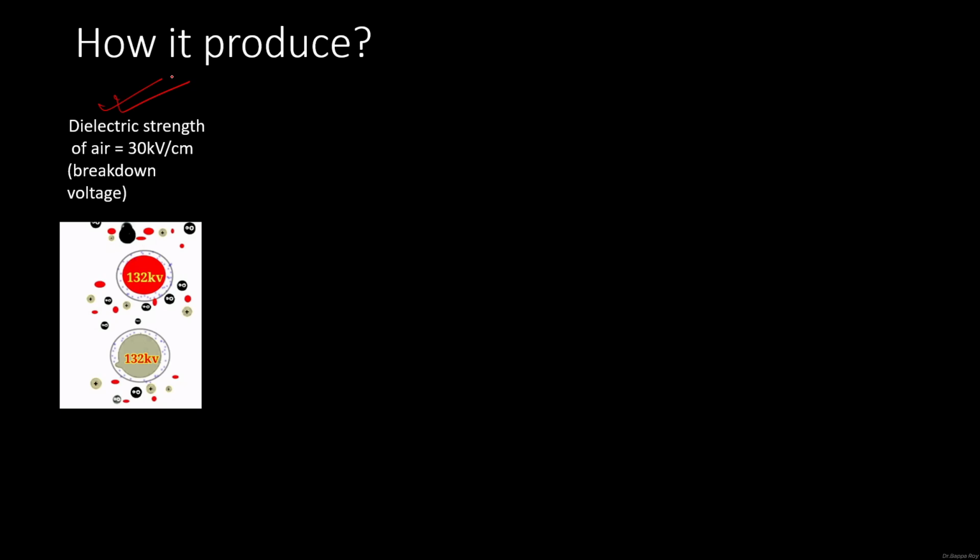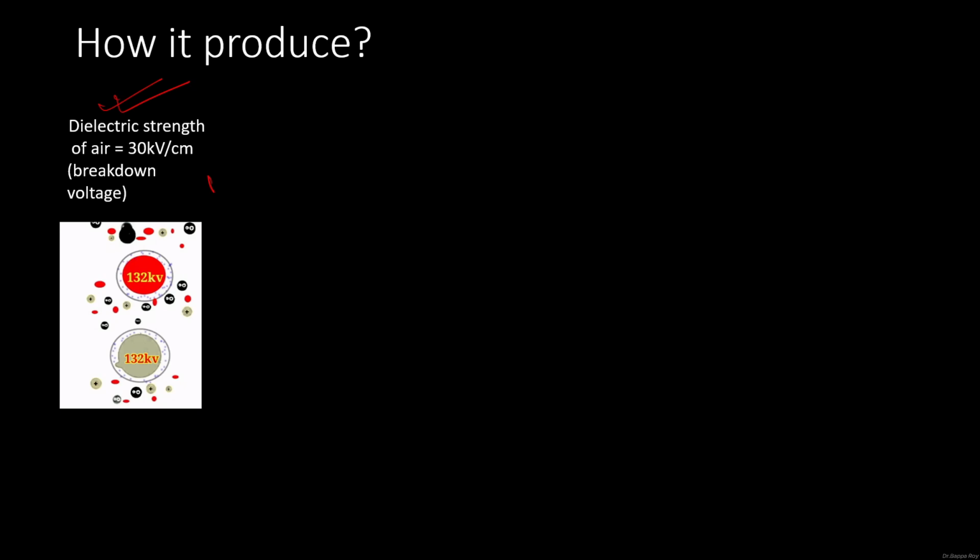We know air is not a pure insulator, and pure insulator means current will not flow through it. Air is not a pure insulator, and the breakdown voltage or dielectric strength of air is 30 kilovolt per centimeter.